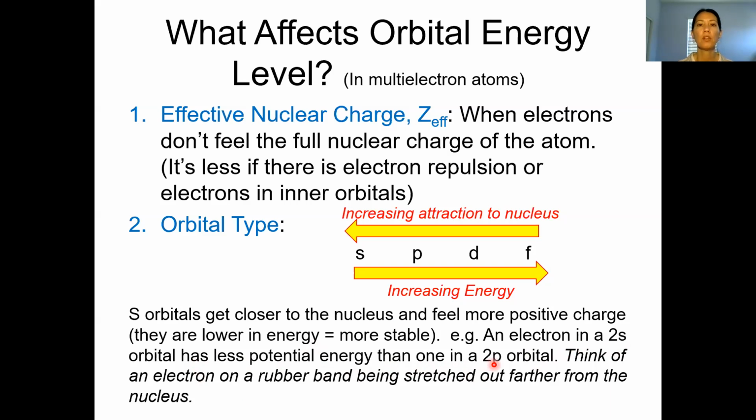An electron in a 2p orbital is further from the nucleus, so the 2p has higher potential energy. It's like an electron being stretched out by a rubber band. So it's further out, and if you let it go, it'll snap back and release more energy.